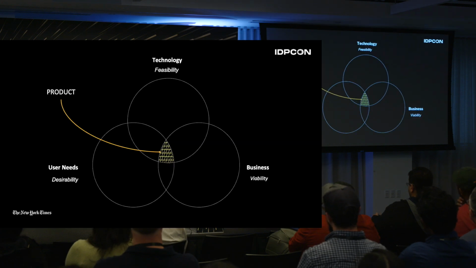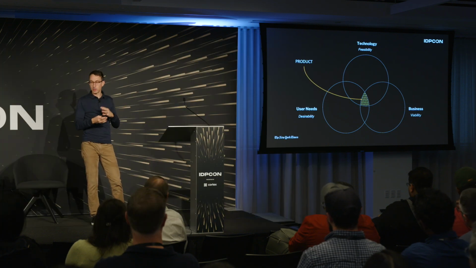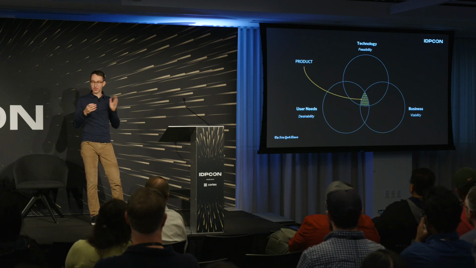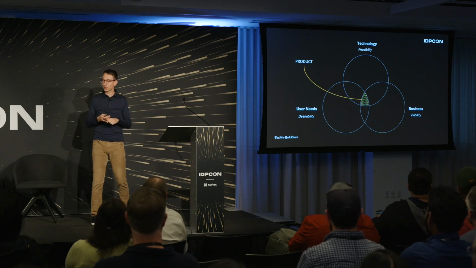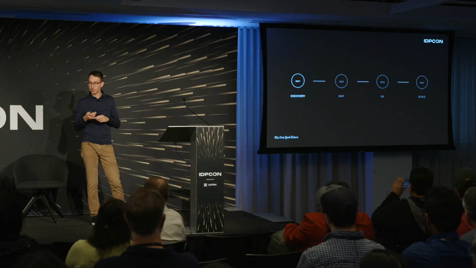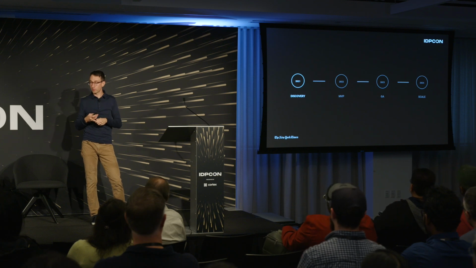Product management itself, if you're not familiar, is really at the intersection of business, user needs, and technology. I think Justin had a slightly different Venn diagram for where this fit before, but all these paradigms work. So I'm going to take you through a little bit of our journey. We started in 2021 with the discovery phase.